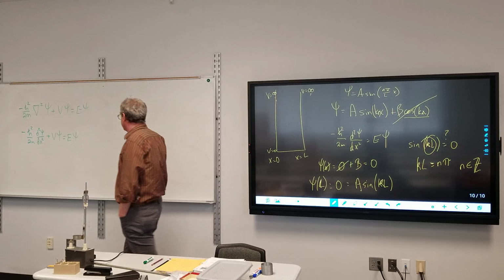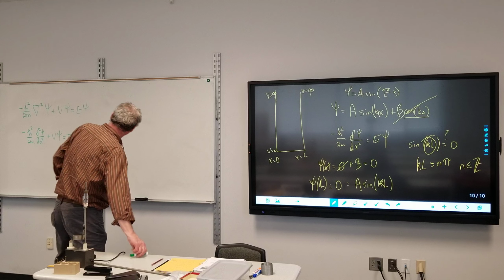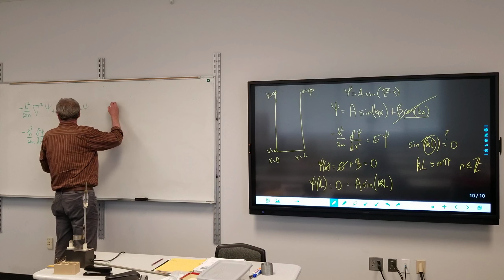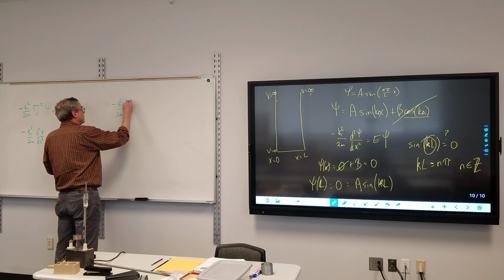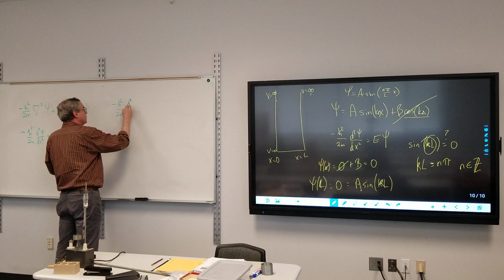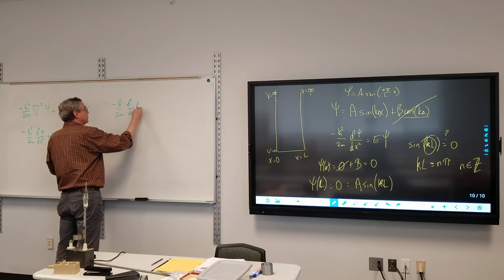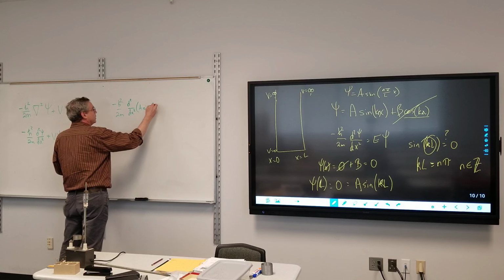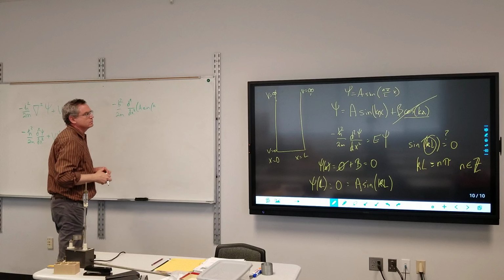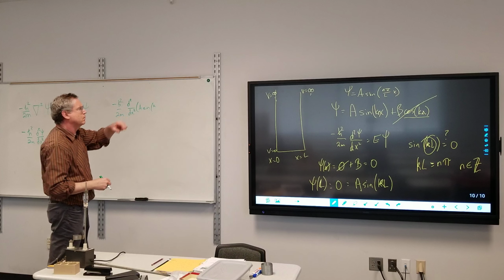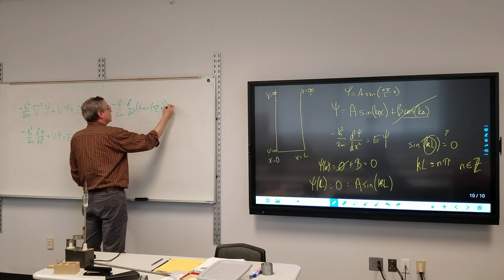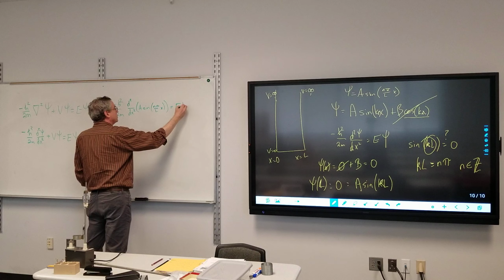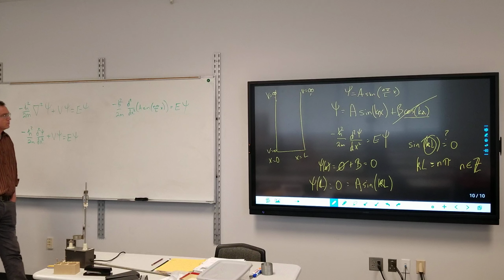I know that using this equation right here, negative h bar squared over 2m times the second derivative with respect to x of A sine of n pi over L times x equals E times psi.